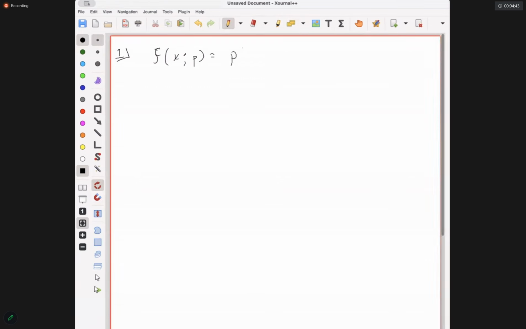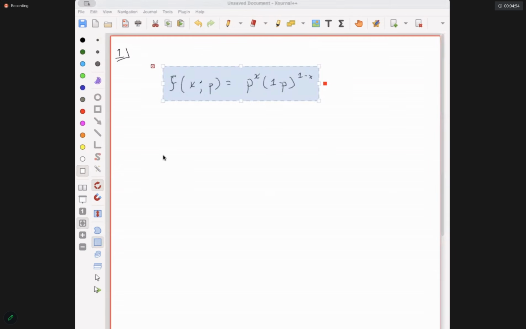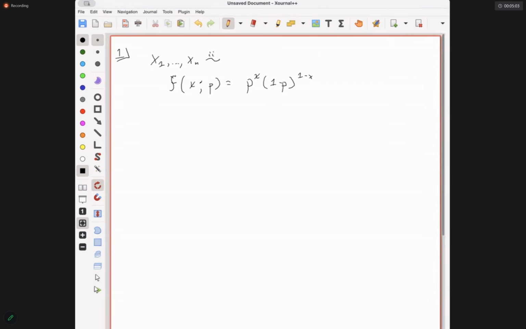So P to the X, 1 minus P to the 1 minus X. And we are looking at a random sample from this distribution, meaning that X1 up through Xn are IID Bernoulli P. So if we're trying to find the MLE of this, what is our first step here?